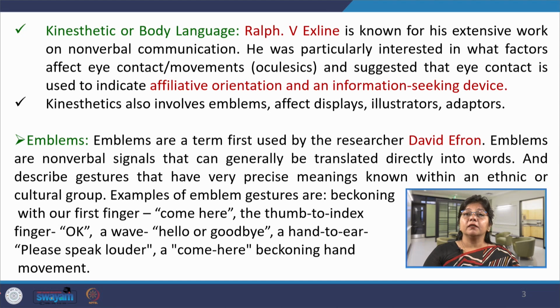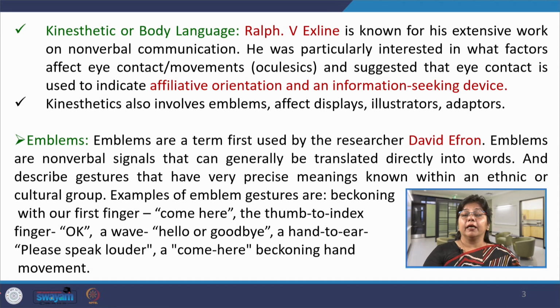So, kinesthetics involves emblems, affect displays, illustrators and adapters. Here the eye plays a major role in transmitting the message in the form of emotions, affection or an information-seeking device, even approval or anger. We can see anger in the eyes.